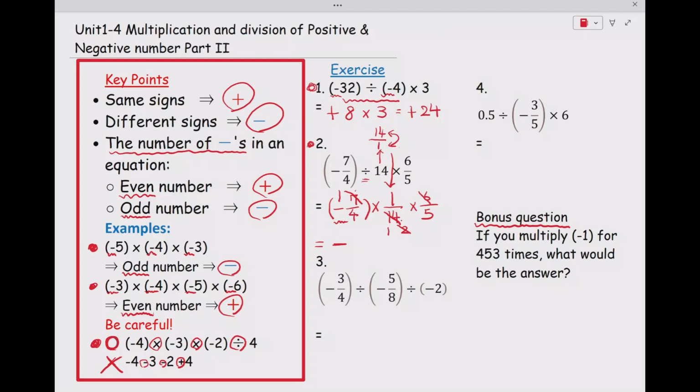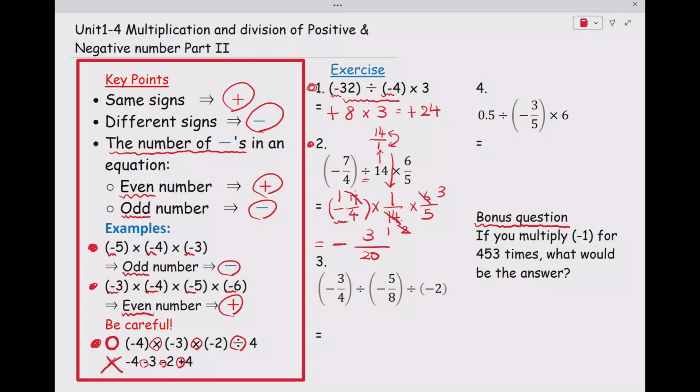Then you get 1/4 times 1/1 times 3/5. Since 1/1 is equal to 1, and 1/4 times 3/5 equals 3/20, and the sign was negative, so the answer would be minus 3/20.